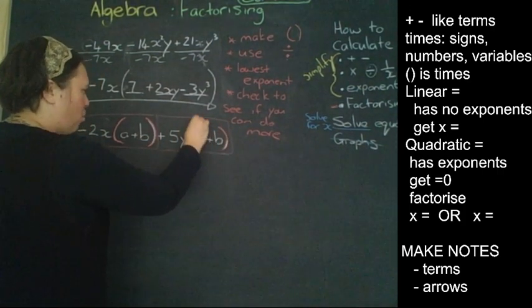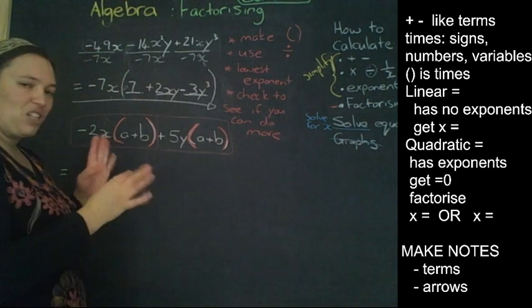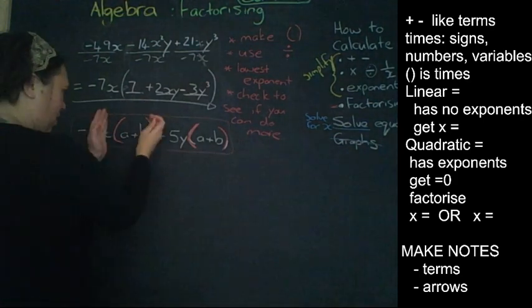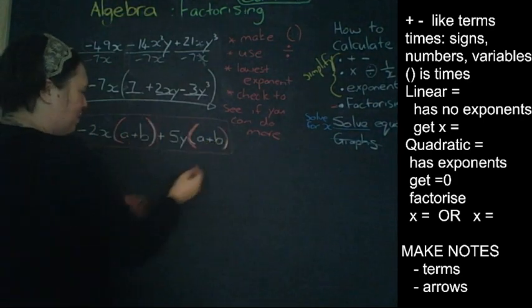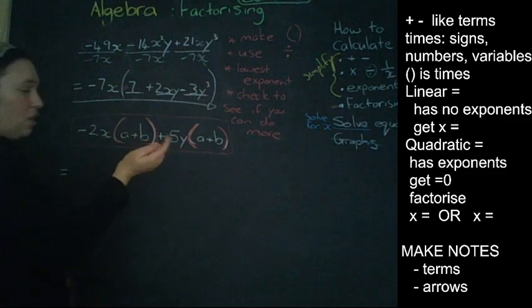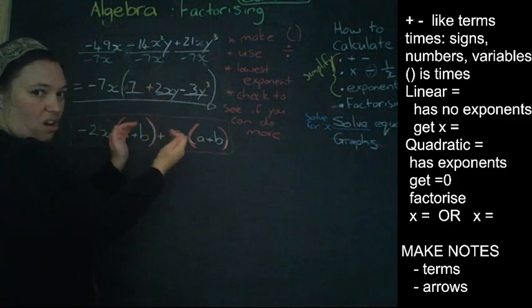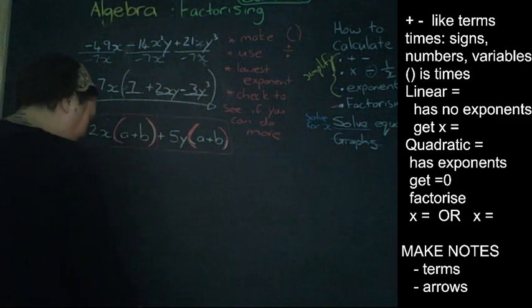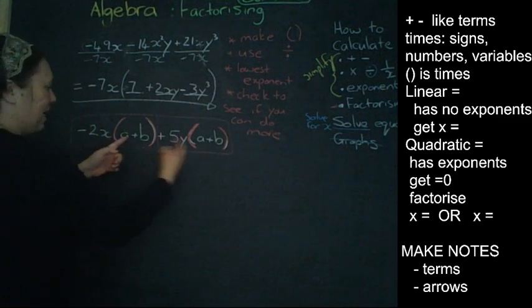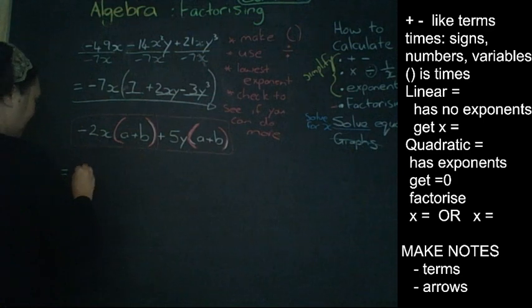Remember I said before in a previous video, we can't mess with the stuff in the brackets. We can't change the stuff in the bracket. We can't just say A. We can't say A and B. That whole bracket is one thing and we can't change what's inside. So that whole bracket is our common factor.